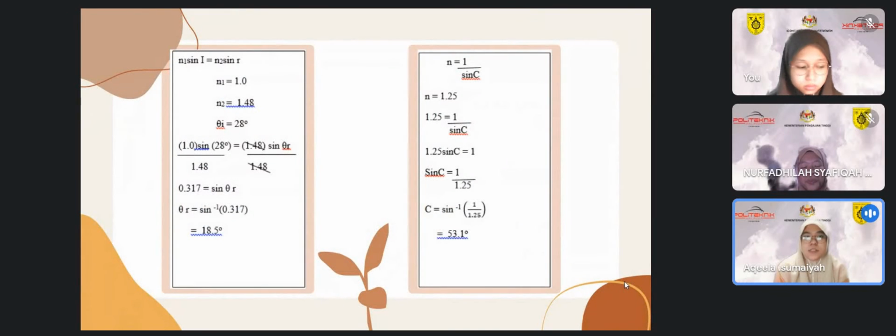So this is the calculation for question 1. The formula is n1 sin theta i equals n2 sin theta r. This is to calculate the refraction.